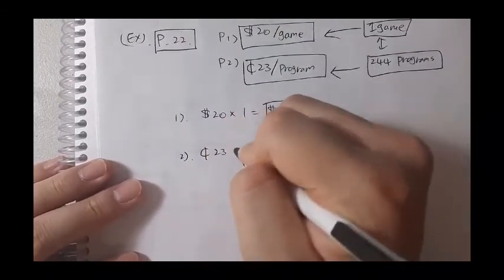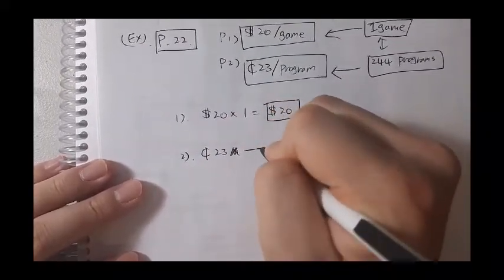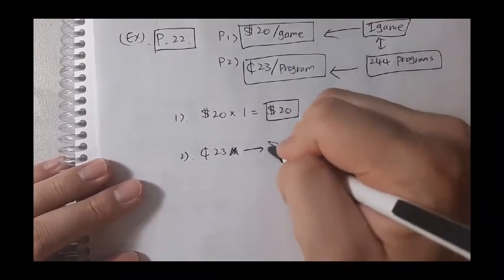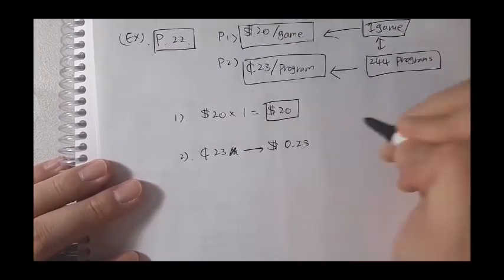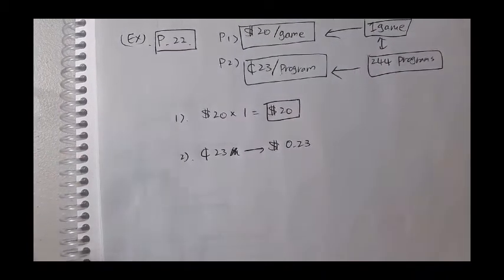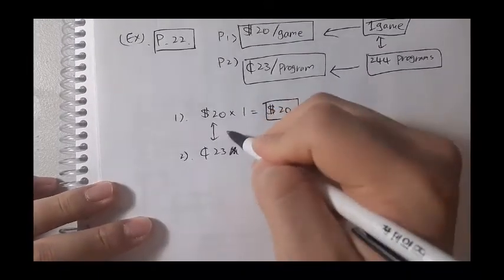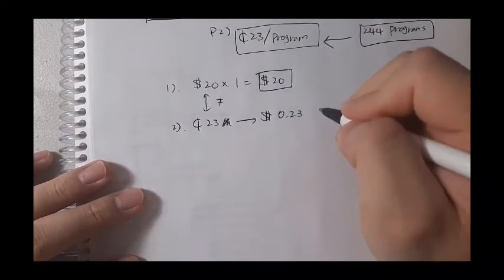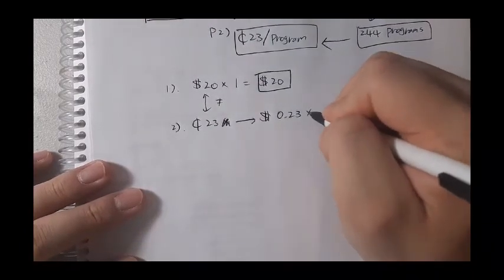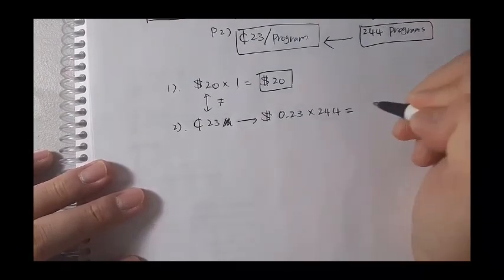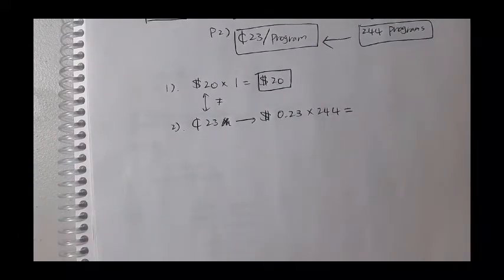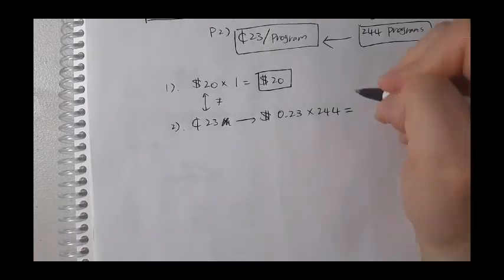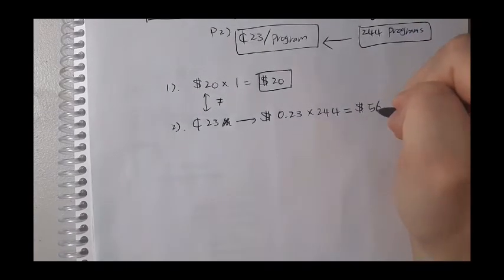We have 23 cents, and what I'm going to do is change it into dollars by putting 0.23. The reason that I'm doing that is because dollar and cent are technically not equal units. And this is per program. We have 244 programs as a total. So if I do 0.23 multiplied by 244, it does give us $56.12.